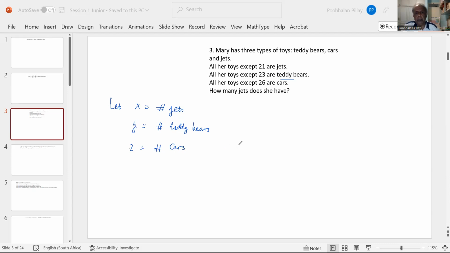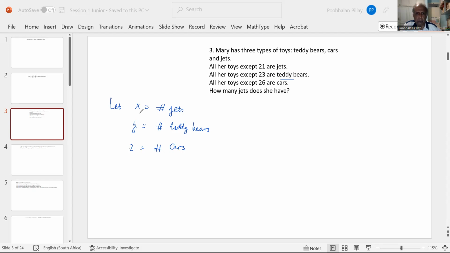All right. So all toys except 21 are jets. So what does this mean? That means if you remove the jets from that, you will get 21 toys. Right?